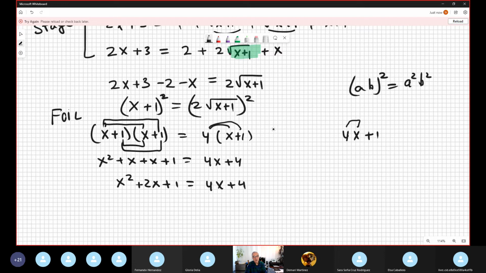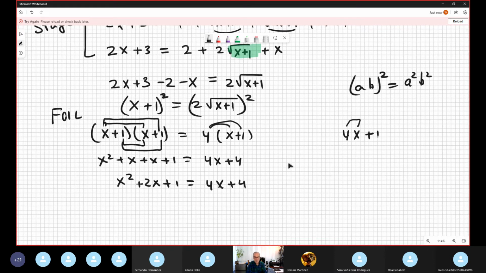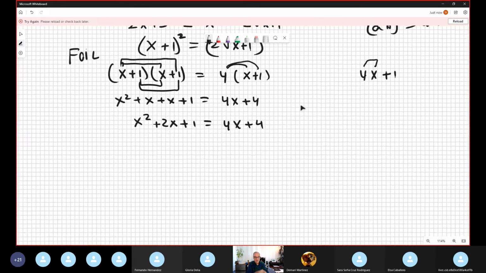Wow, too much manipulation, and at this moment we have one equation, so identification. What kind of equation do we have at that moment? Quadratic. Exactly. And what should I do when I have a quadratic?